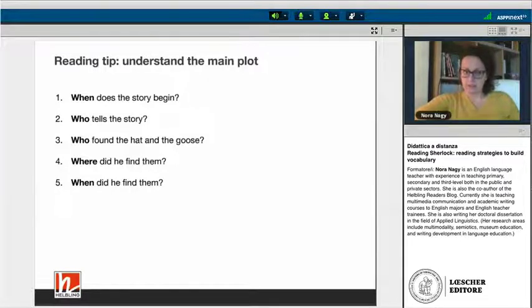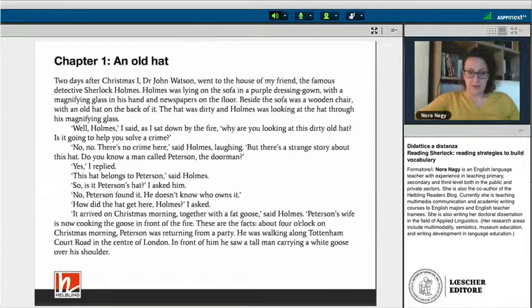Where did he find them? And when did he find them? So, when, who found it, the hat and the goose, where and when. I will give you some time now to read this paragraph. And remember to answer 5 questions. Note them down, please.